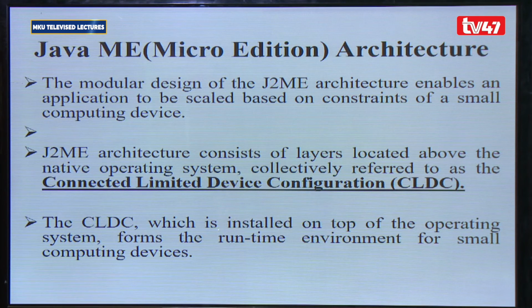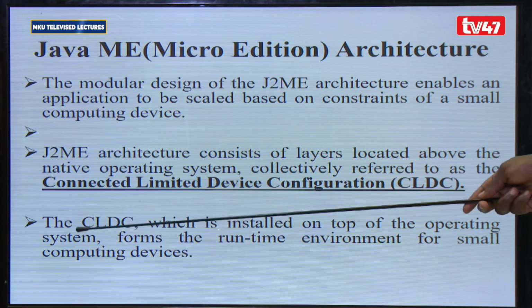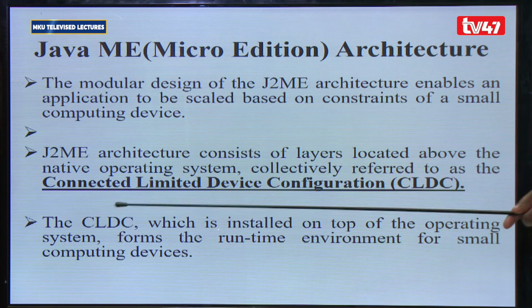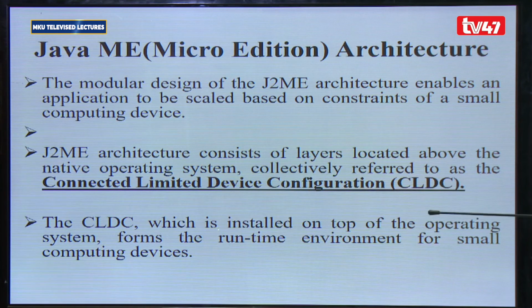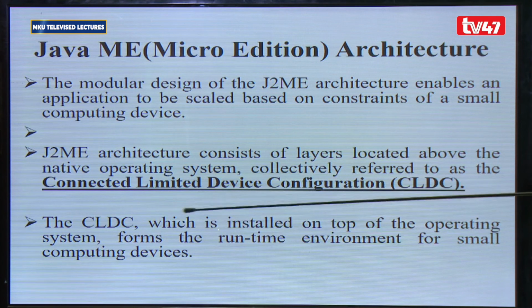The other point is Java Micro consists of layers located above the native operating system that is used to connect, and it's called Connected Limited Device Configuration, CLDC. So between the Android application and the Java application, we have this layer.